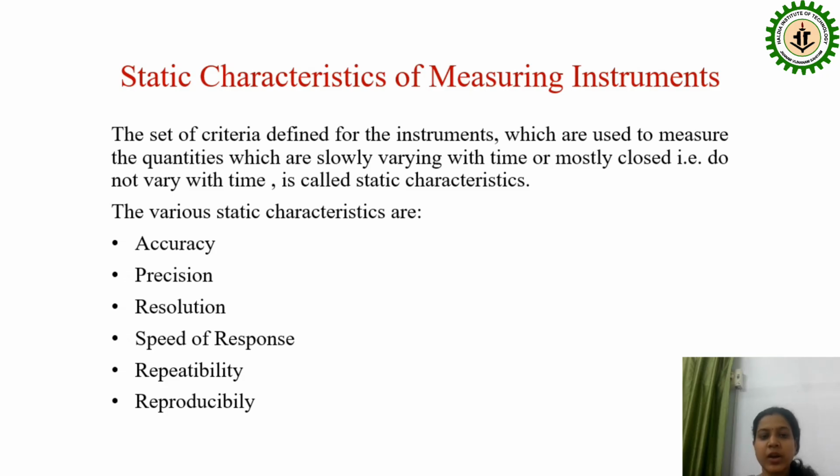It will be fixed for the specific instrument. Now, what are those static characteristics? Here it is written: accuracy, precision, resolution, speed of response, repeatability, and reproducibility. These are some static characteristics of a measuring instrument.